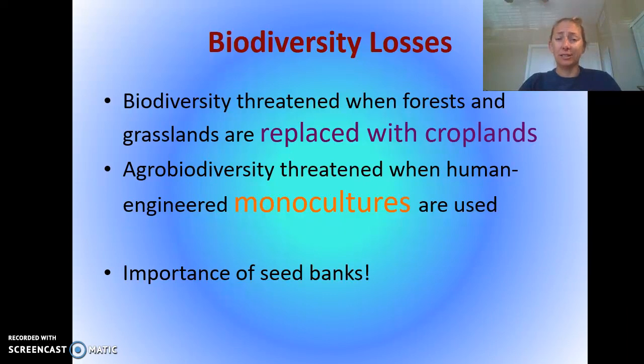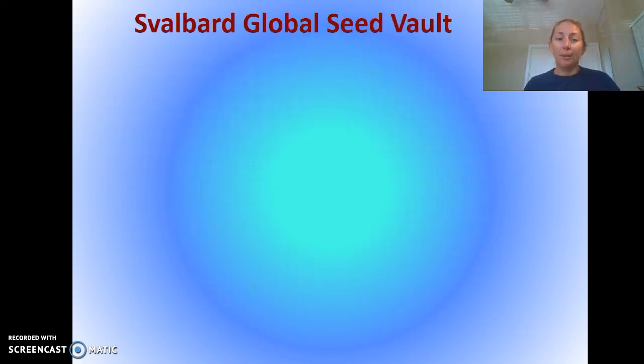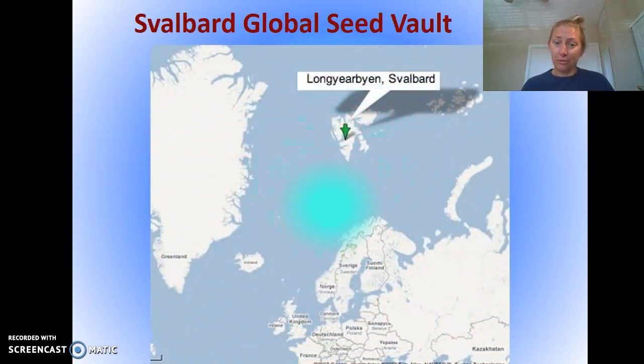So not only is it a giant freezer, but in the event of some issue and the freezers, the coolers, turn off, it's in the side of a mountain near the Arctic, which means there's permafrost and snow surrounding it. And so now these seeds are going to be doubly protected. Here's a map showing you where the Svalbard Global Seed Vault is located.